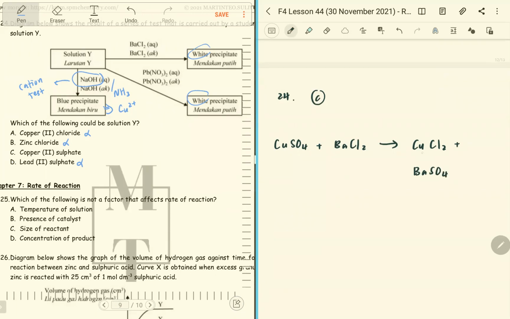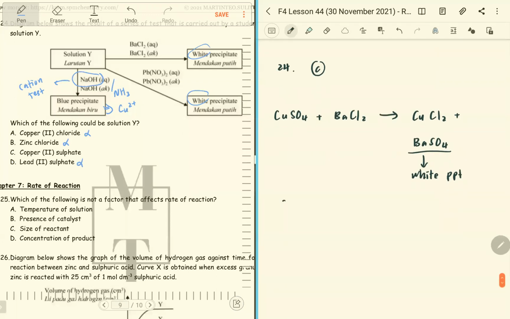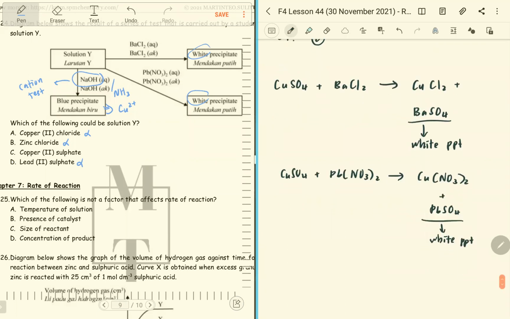So this is your insoluble salt. Your insoluble salt is BaSO4, and this is our white precipitate. And the next one, copper sulfate reacts with Pb(NO3)2. The same thing happens. You change partner, you get Cu(NO3)2, you get PbSO4, and again, this is our insoluble salt, which is your white precipitate.